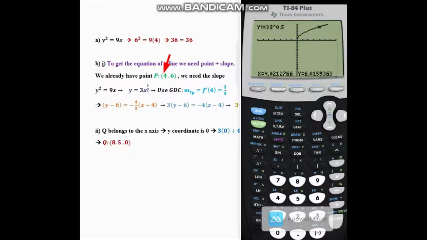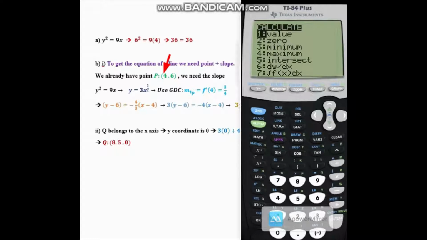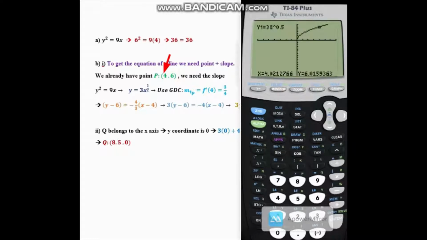So I shall press on second, trace, find dy by dx. And I want this when x equals 4, so I shall just click on 4 right there, then click on enter, and the calculator tells me that the slope is 0.75 or 3/4.